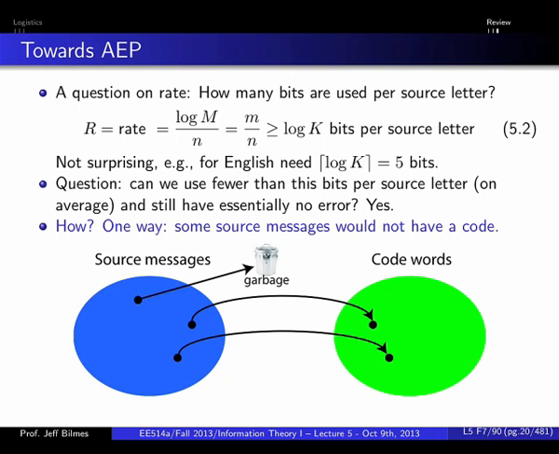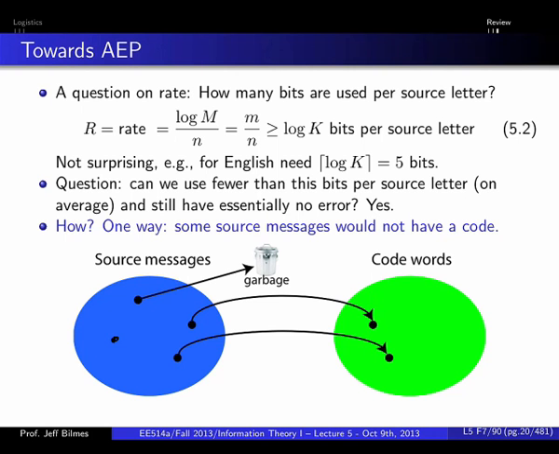So here's one way of doing this. This is the first way we talked about it. We have a bunch of source messages. Every dot here is a length n string. Maybe I should write that down.